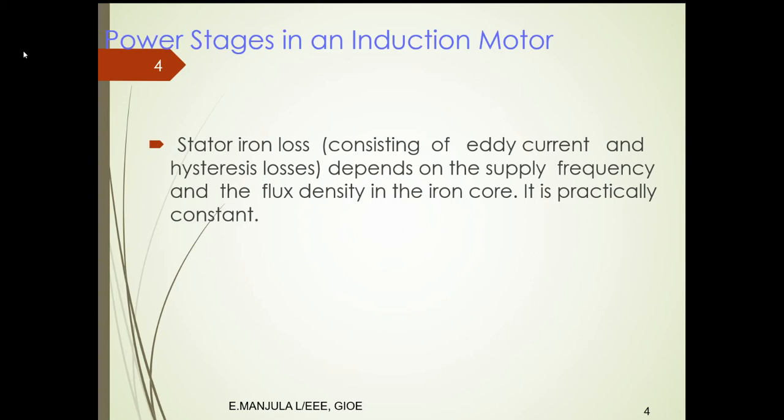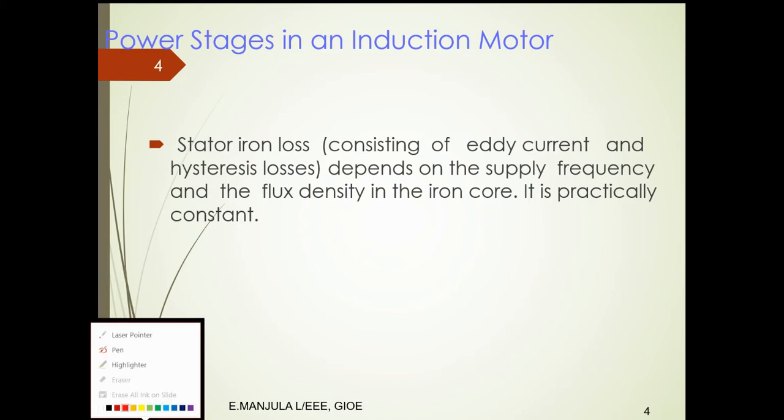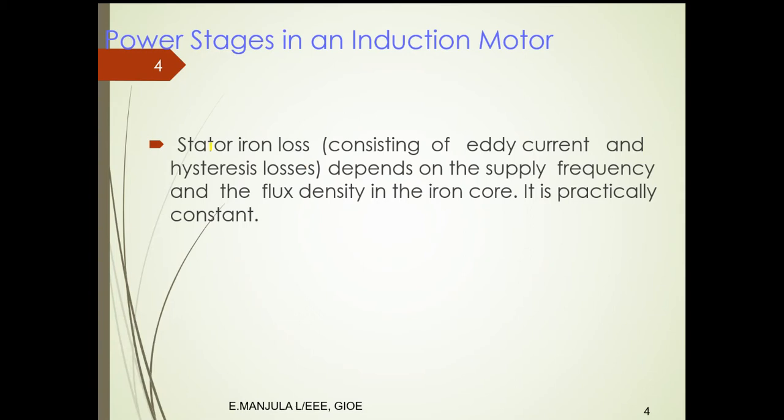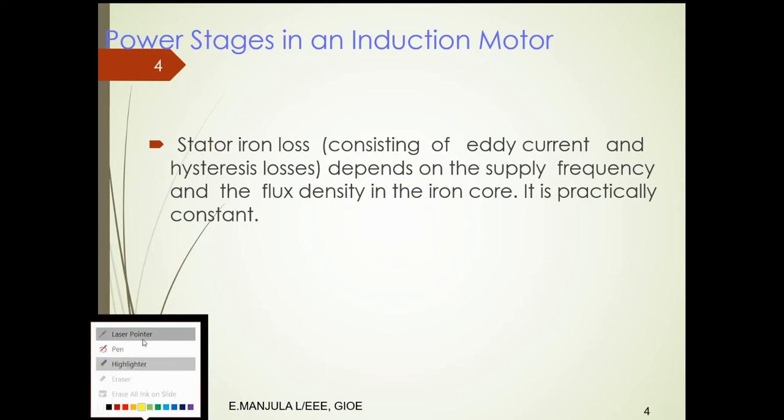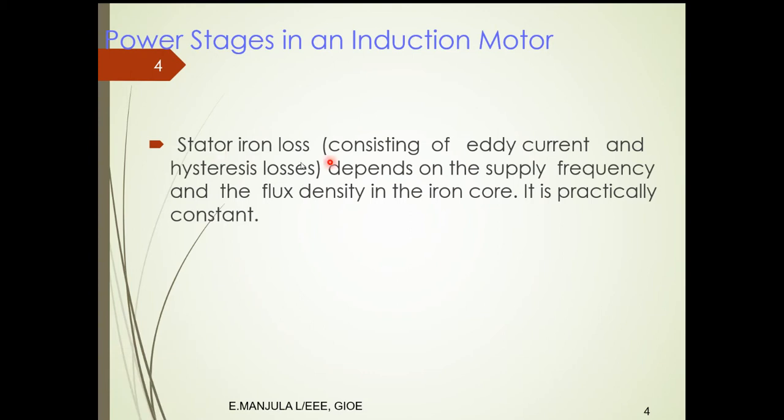There is a stator and rotor, we know that. Here the stator iron losses consist of eddy current and hysteresis losses, depending upon the supply frequency and the flux density in the iron core.